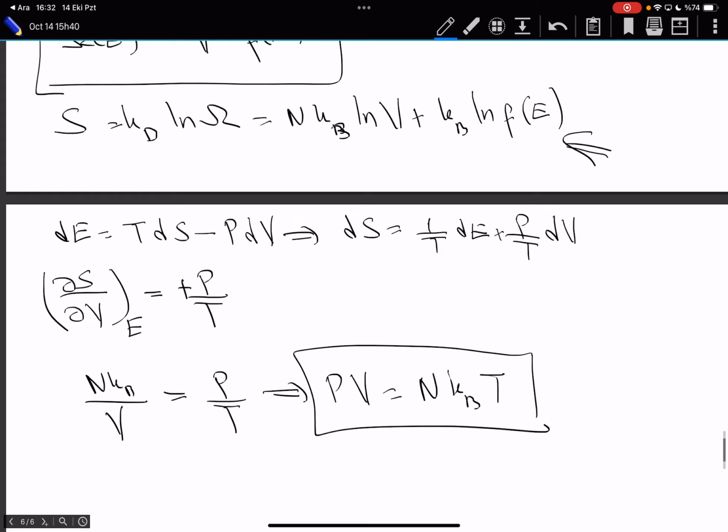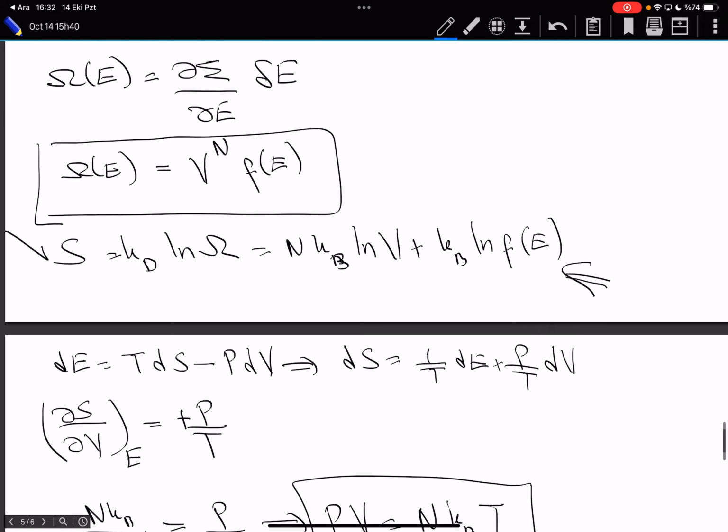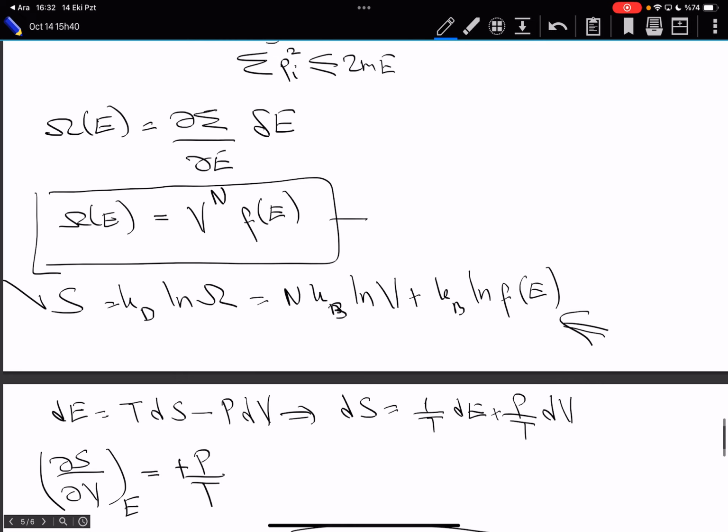This is not an experimental observation, this is just a derivation we have. The critical things to obtain this result were to make this identification between the entropy and the number of microstates we have, and also the observation that the number of microstates can be written as V to the power n times some function of energy.